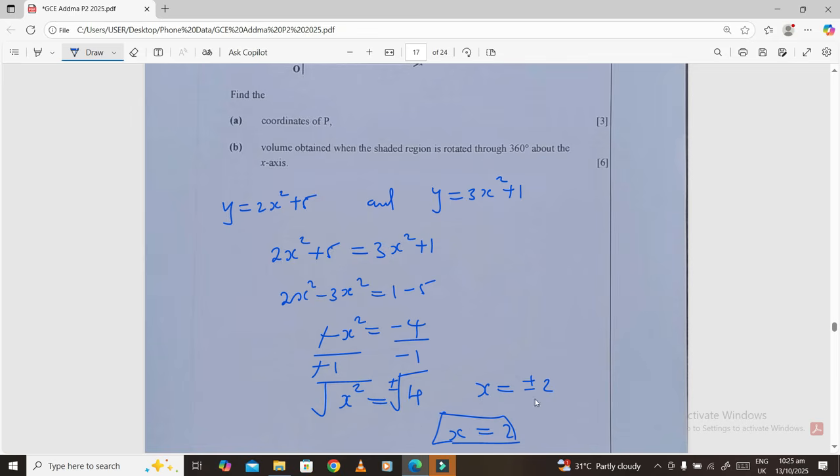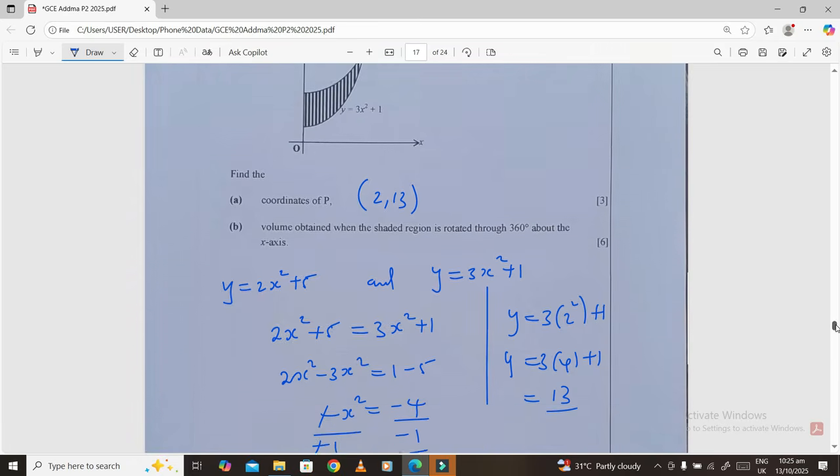When we find this value of x, we can say y is equal to, get one of the equations. So if you want, you can get this one. Where there is x, you put a 2. So y will be equal to 3 times 4 plus 1. Y will be equal to 12 plus 1 is 13. So the coordinates there are 2, 13. Okay. So we go to the next question.